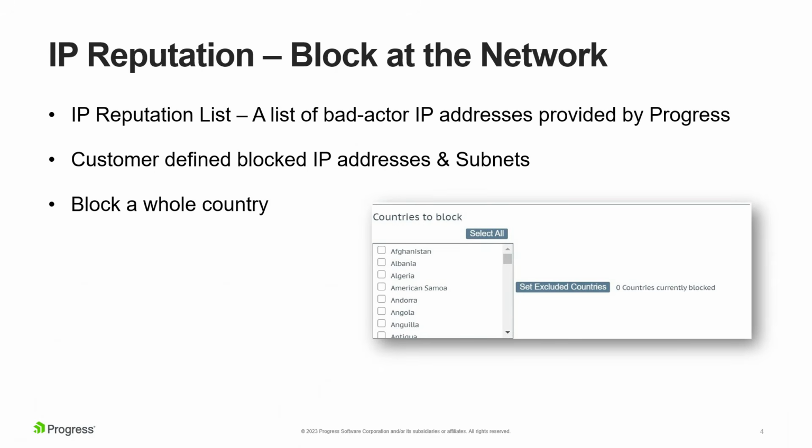You can create your own custom defined list as well. If you see malicious traffic coming at you from a subnet, by the way, this works at a subnet level as well, you can say, okay, I want to block that. And we actually have a drop-down list to allow you to block a whole country. Obviously, blocking a whole country is not totally foolproof.